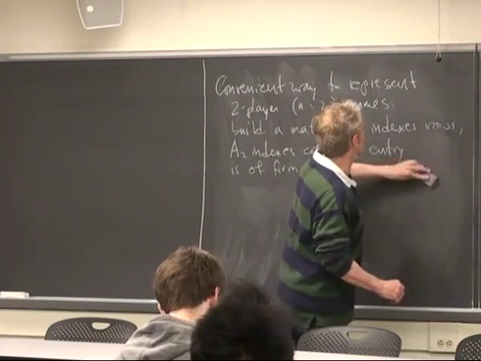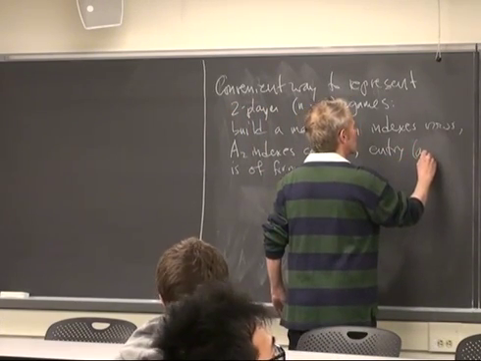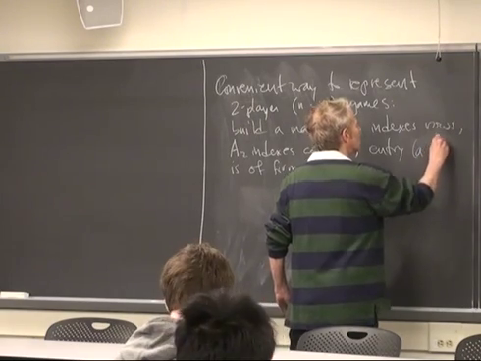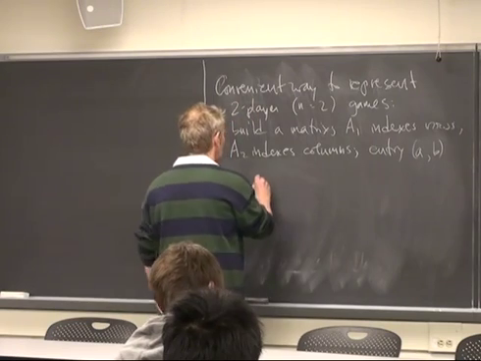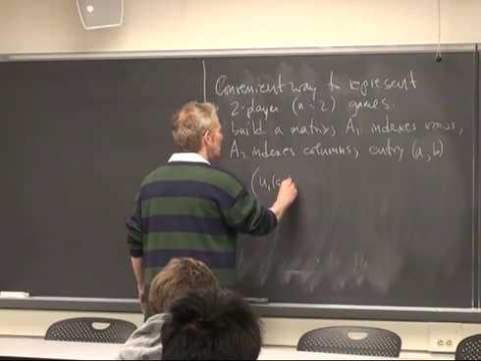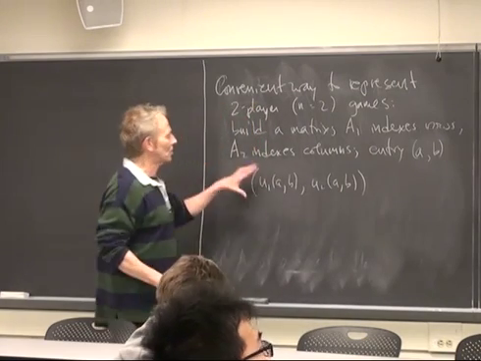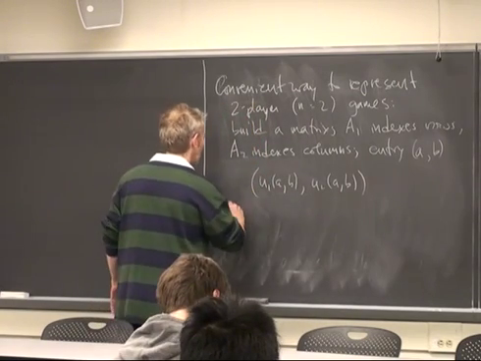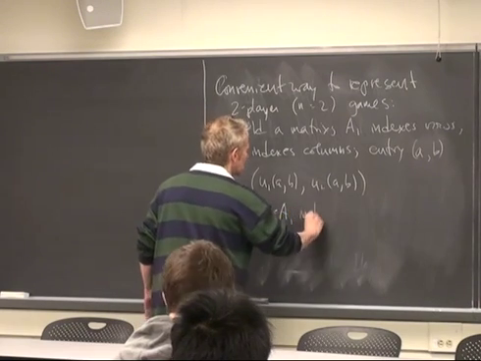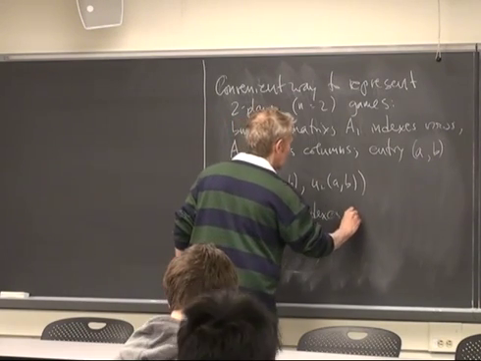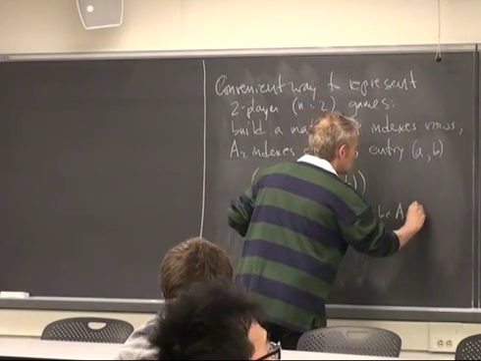Let's say entry A comma B, say, is of the form U1 of AB comma U2 of AB. This is easier to do with an example than in general. When A in A1 indexes the row, and B in A2 indexes the column.